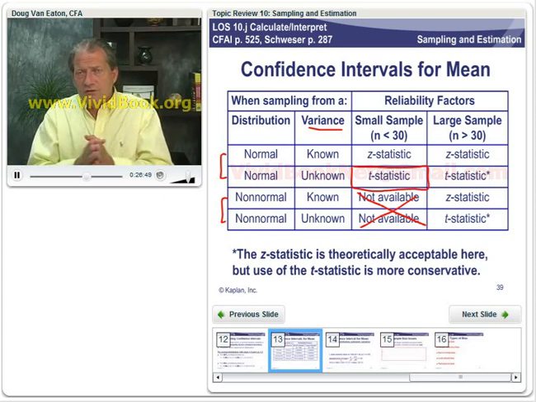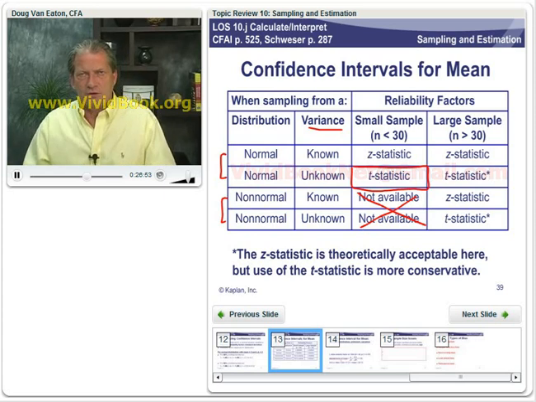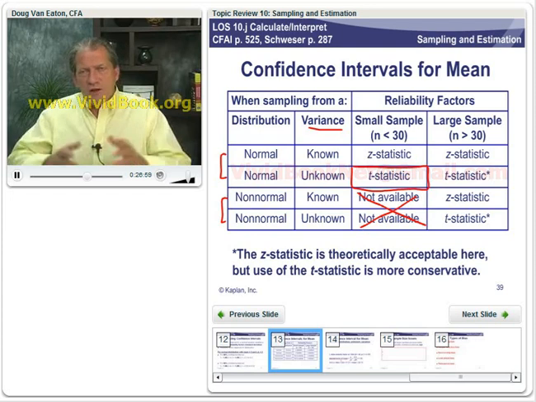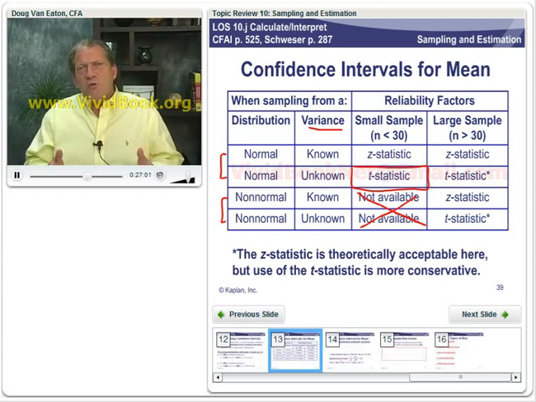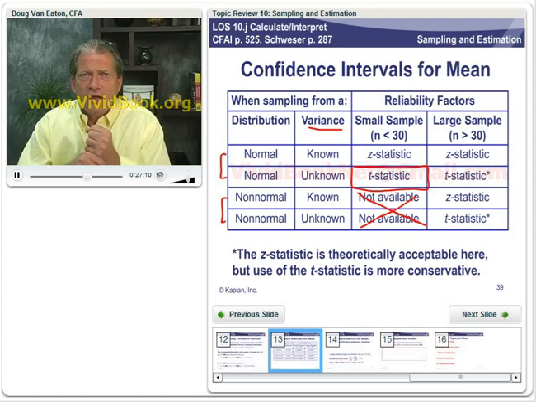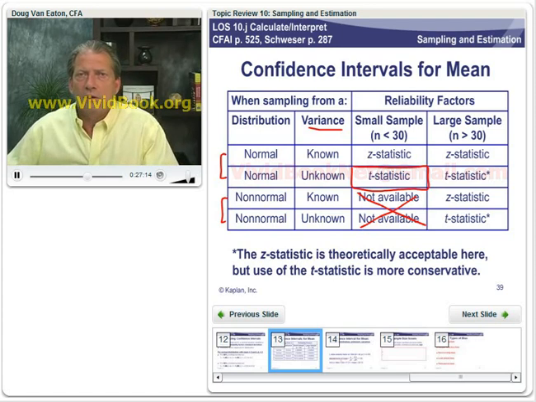We're getting some value within a range around the true variance. That's really why we're using the t-statistic, because we're unsure of the variance. And if we're unsure of the variance, we need a little wider interval to make sure we've got 95% of the outcomes in it. So if you have a small sample size and variance is unknown, we need to use the t-statistic for sure.